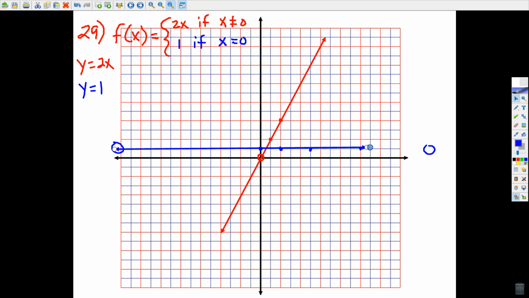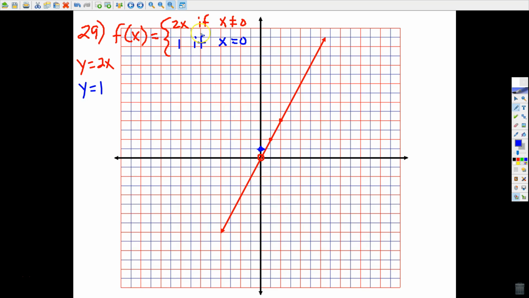We really should be getting rid of all of our line except for that one single point. Okay, so the rest of this we can get rid of. So all we have is this one, used to be a line, but we're only going to show just that one single point on the line, the point 0, 1.